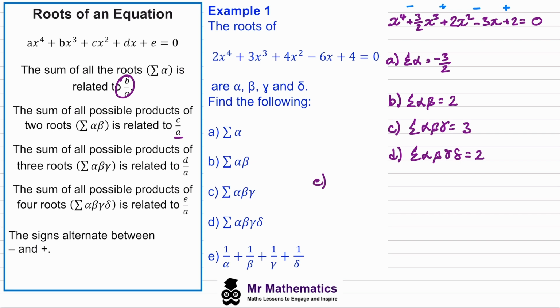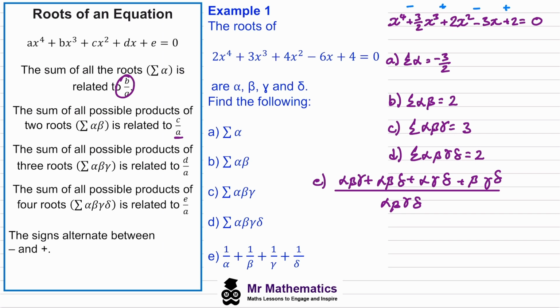We've been asked to work out 1 over alpha plus 1 over beta and so on. And we can work this out as alpha beta gamma plus alpha beta delta plus alpha gamma delta plus beta gamma delta, all divided by alpha beta gamma delta.